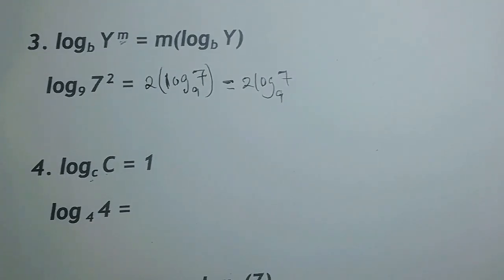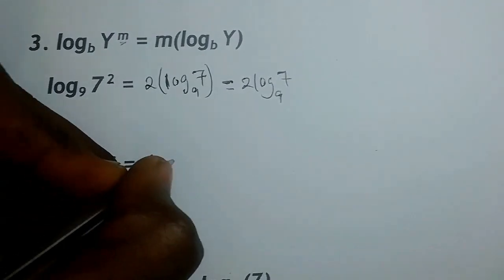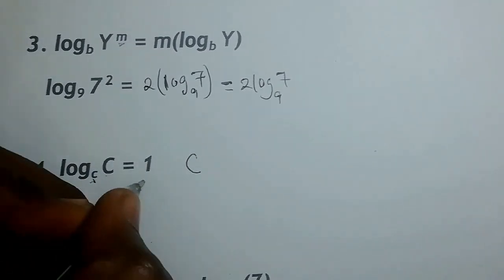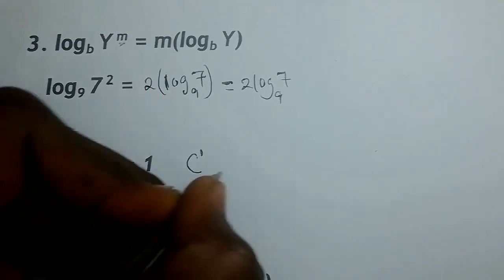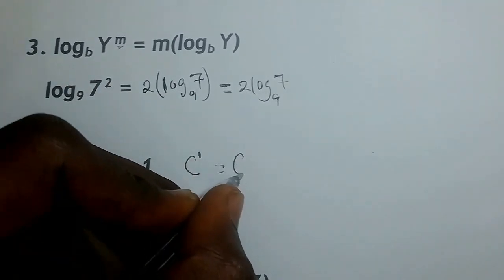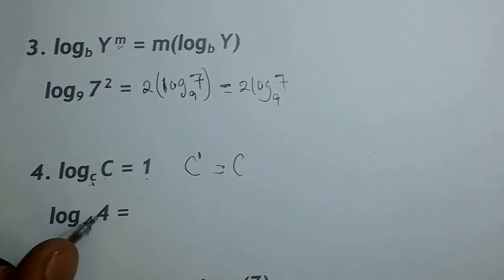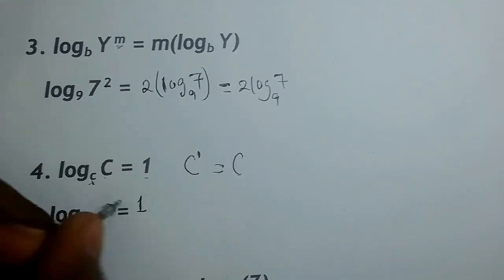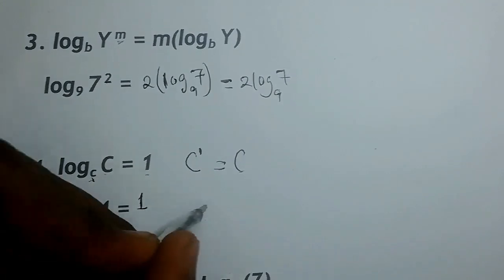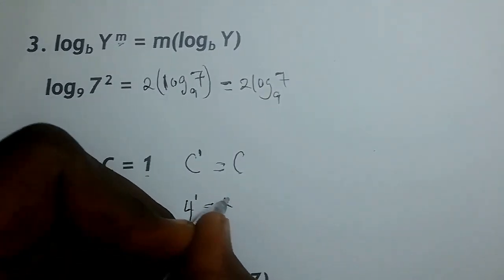And it makes sense because this can be written back in its index form as the base, that's c, power 1 equals c, and c power 1 is c. So here's an example. Log 4 base 4, that's equal to 1 according to this law, and it makes sense because 4 power 1 is the same as just 4.